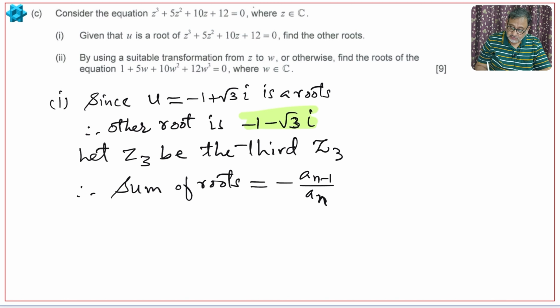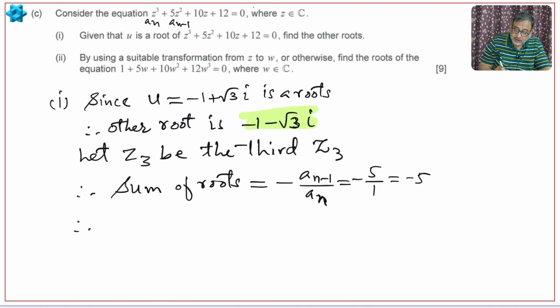This is by Vieta's equation, right? So I hope you know Vieta's equation. From Vieta's equation, this will be the root, and a n minus 1. Look here, this is a n, this is a n minus 1. So a n minus 1 is 5, so minus 5, and a n is 1. So therefore, sum of the roots is minus 5, right?